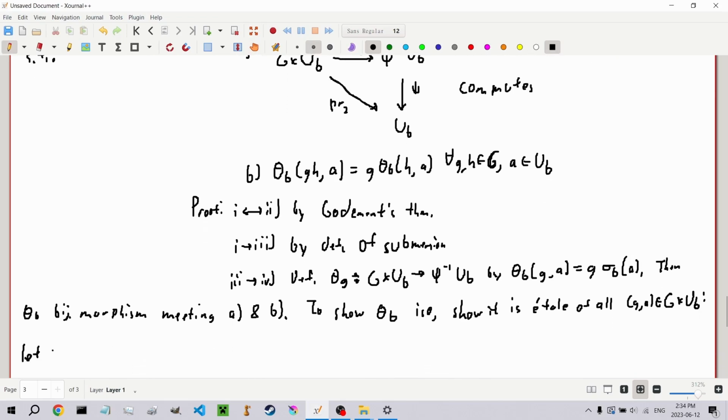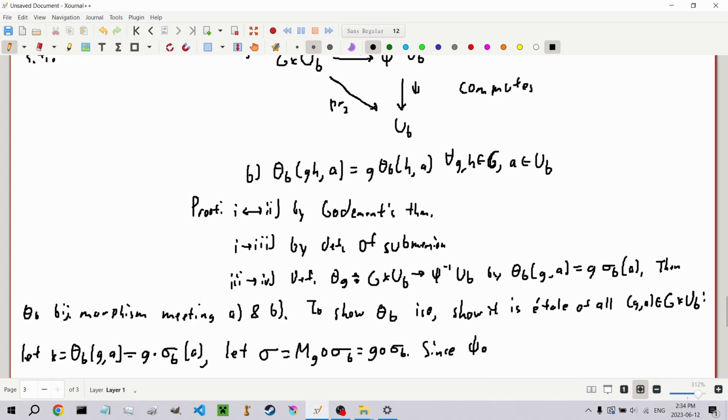Well, let's see this. We let X be theta B of G and A, BG times sigma B of A, and we're going to let sigma be mg, our left multiplication by G on sigma B, which is going to be G as a function on sigma B.